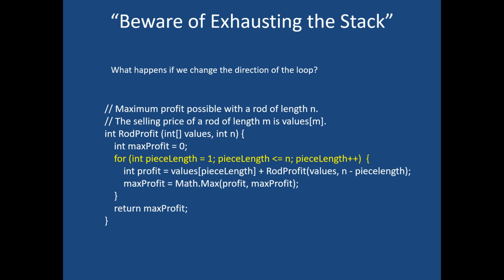At that point, every solution is cached. And after that point, recursion bottoms out after 1 recursive call. But the point is, on the previous slide, we never went more than 3 deep before we found a cached answer. Here, the first time, we go 30 deep. So maybe that's not a big deal, but what if we're trying to compute piece length of 10,000? This way, the first recursive call goes 10,000 stack frames deep.